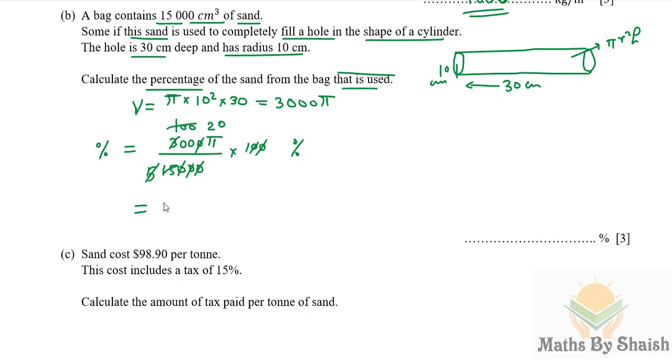So the answer is 20 pi percentage, and 20 pi percentage is 62.8318 and so on percentage of amount used. So till 3 significant figures you can write 62.8%. 62.8% of the sand from the bag is being used in the hole.